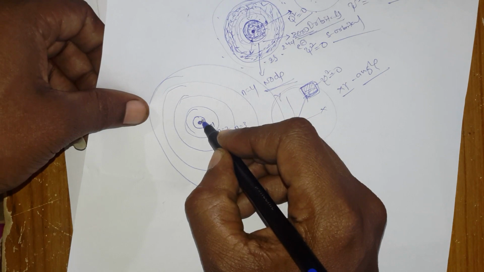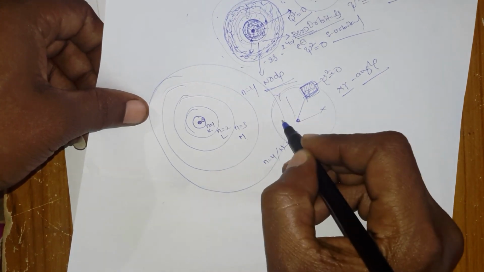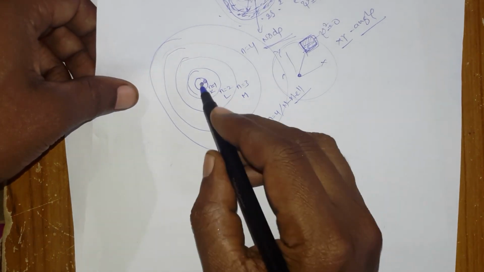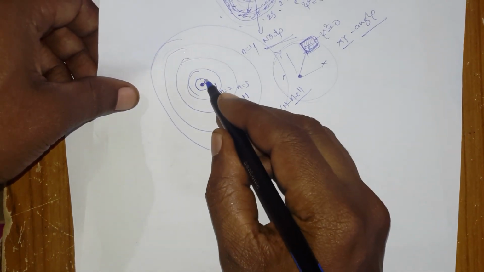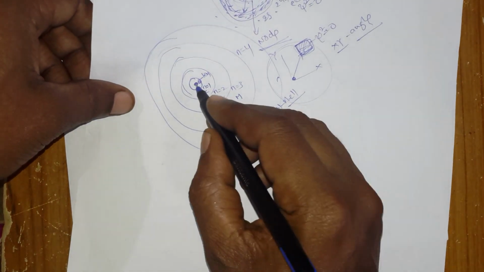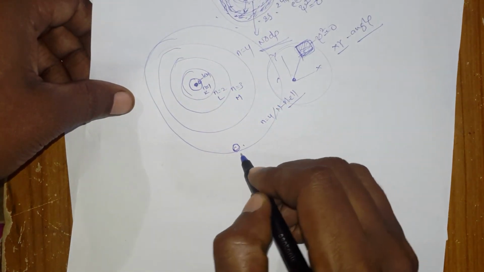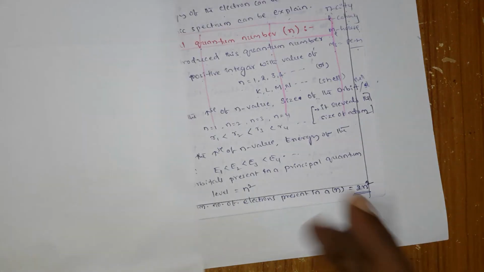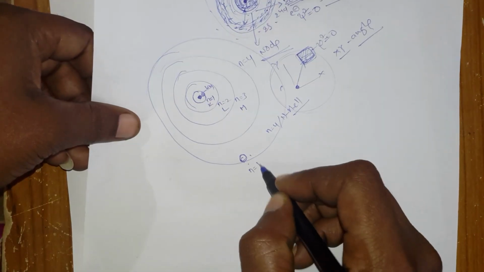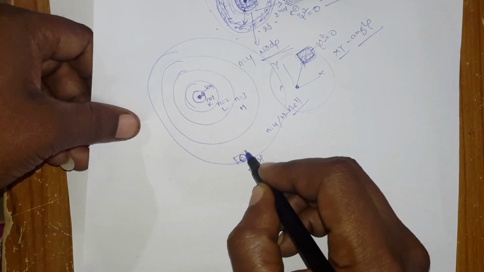Here you assume there is one orbital, and there is one more orbital here. Compared to here, this orbital has less energy than this one, because from here to here the size increases, the n value increases, so the energy of the shell also increases.